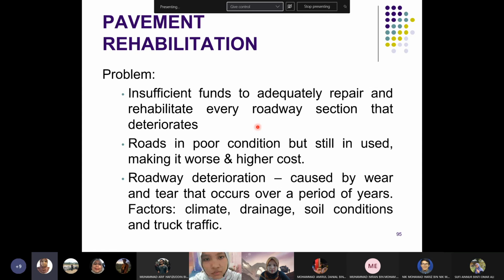If, let's say, that particular site consists of marine clay, it will be a very soft layer. Its subgrade layer is not strong enough, so it will deteriorate more easily. And finally, as I mentioned, from traffic, especially from trucks.